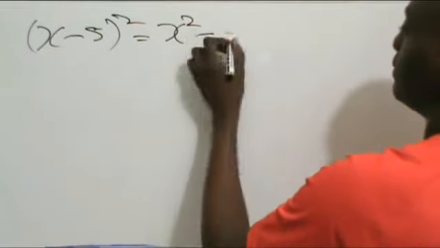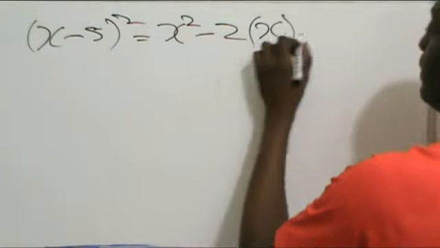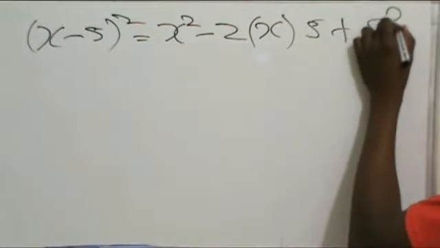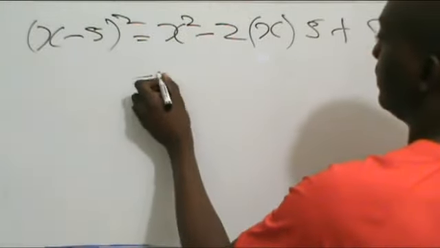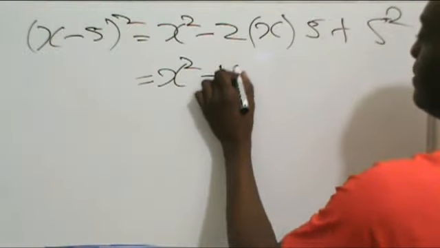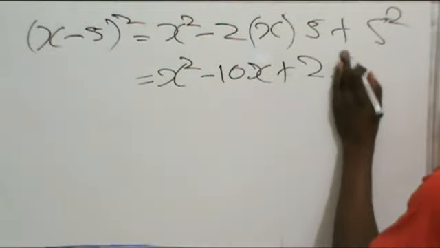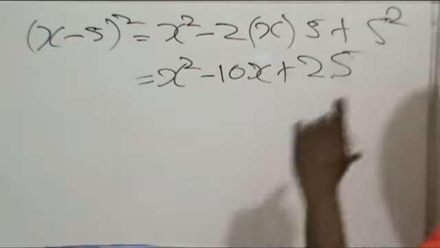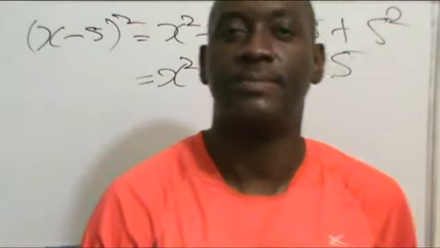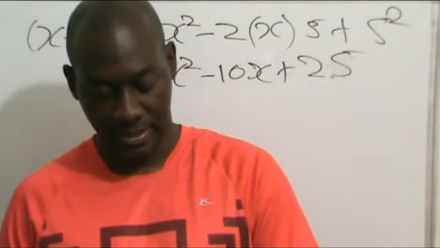Now we have minus 2 by x by 5 plus 5 squared, which is equal to x squared minus 2 by 5 by x is minus 10x plus 25. Right. So note the difference between (x plus 5) to be squared and (x minus 5) to be squared. Alright.